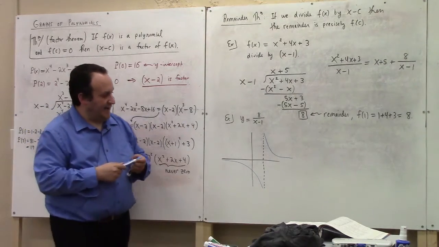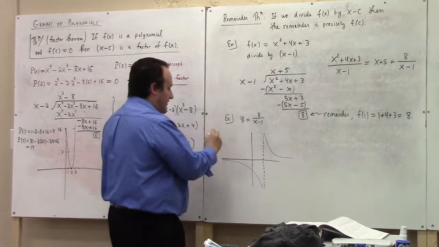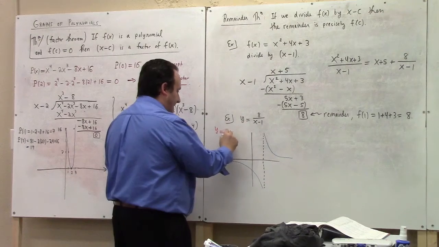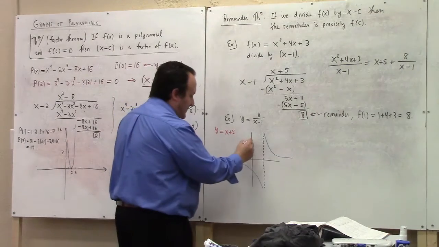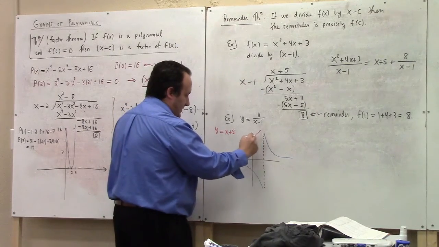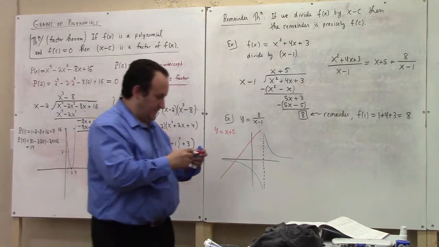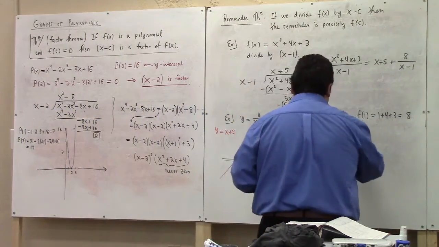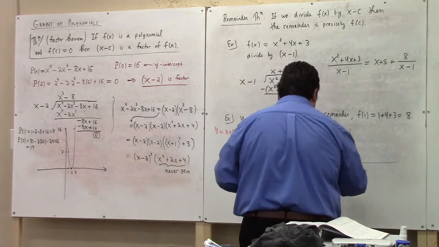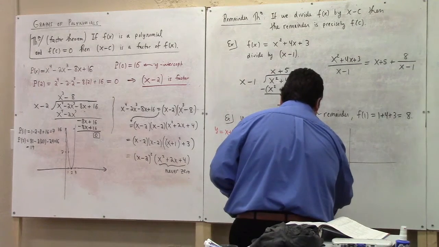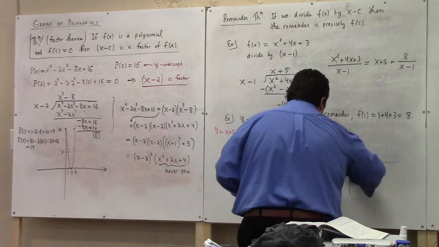What does y equals x plus 5 look like? That's a line with slope 1 with a y-intercept of 5, right? So it's basically something like this. What happens when you add these two? Well, let me zoom in here a little bit more.